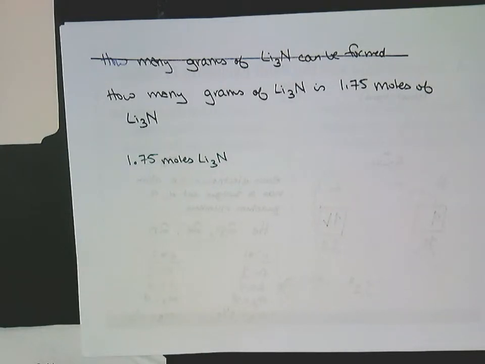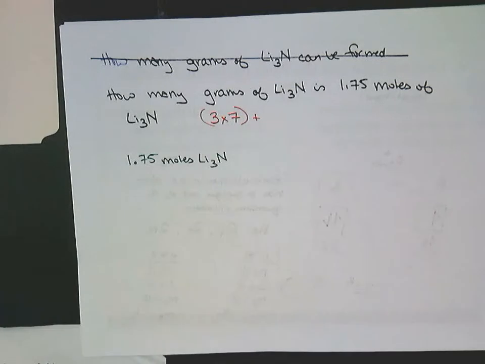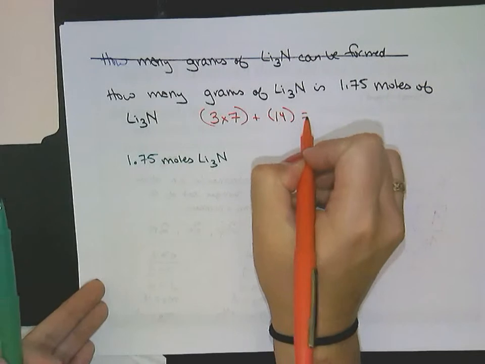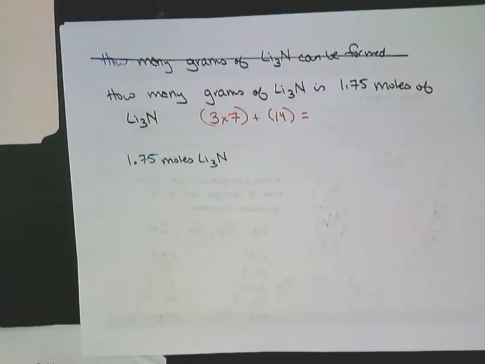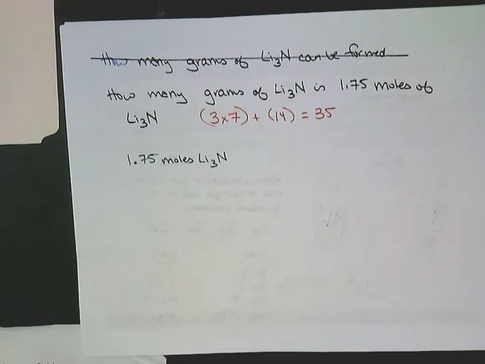So looking at lithium, we're going to round. Lithium weighs about 7, right? And how many lithiums do I have? 3. And then nitrogen weighs, we'll call it 14. So what would that mass be all together? Let's see. 21 plus 14. What would be my units of atomic mass then? Where are they always? Grams per mole.